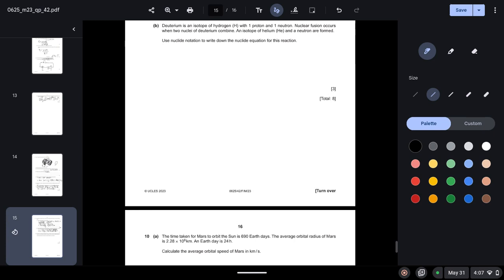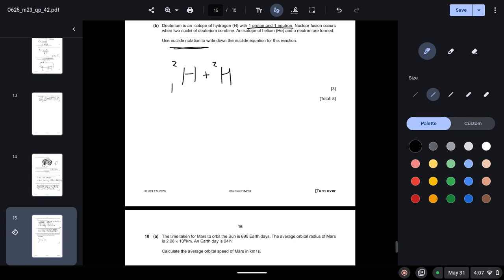Deuterium is an isotope of hydrogen with 1 proton and 1 neutron. Nuclear fusion occurs when 2 nuclei of deuterium combine. An isotope of helium and a neutron are formed. Use nuclide notation to write down the nuclide equation for this reaction. So they have given us that deuterium has 1 proton and 1 neutron. So we'll write that as H since it is an isotope. Since it has 1 proton and 1 neutron, its nucleon number will be 2.